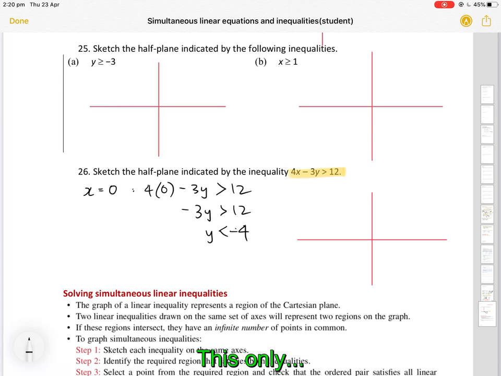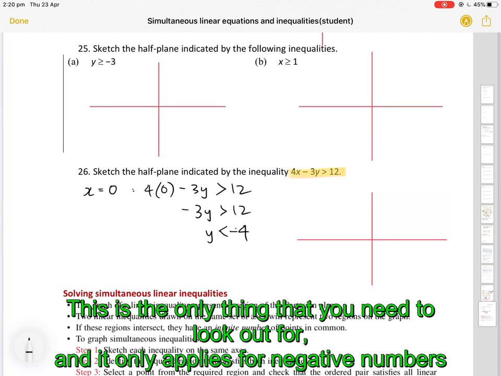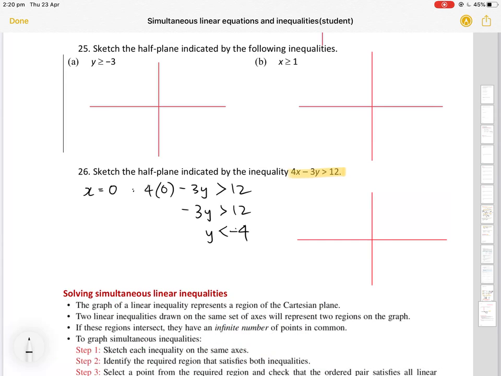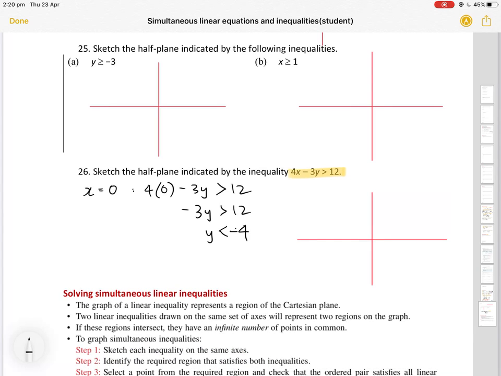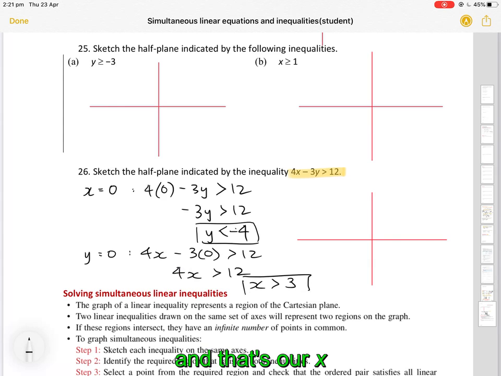This is the only thing that you need to look out for, and it only applies for negative numbers when you multiply or divide a number. So that's our y. And that's our x.